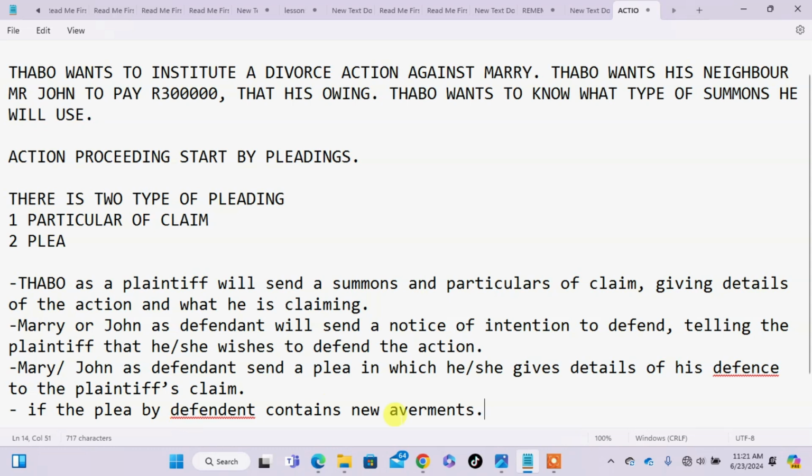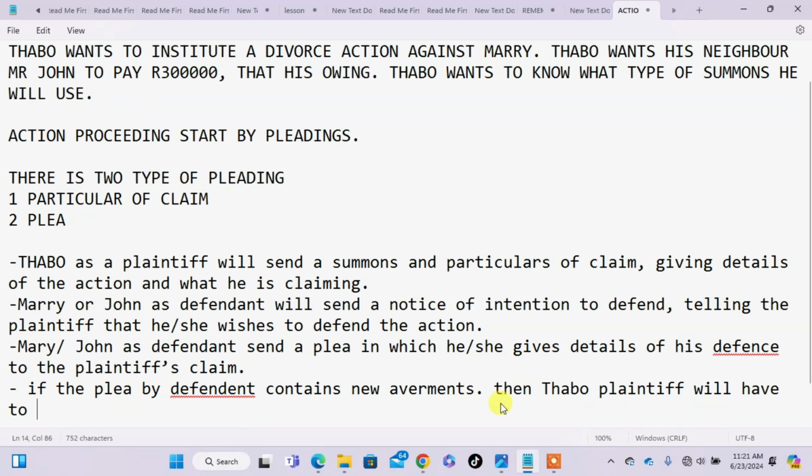Then Thabo as a plaintiff will have to write another pleading called a replication.